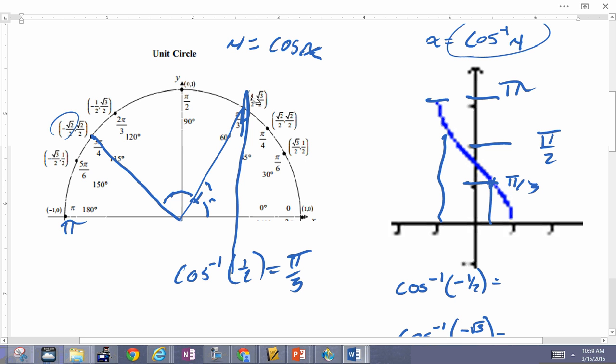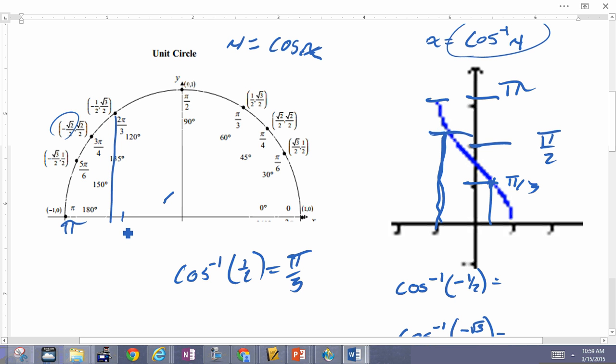Now let's look at the cosine inverse of negative 1/2. Negative 1/2 on the graph puts us up here, with the resulting inverse cosine value being positive. So if we're coming out to 1/2 here, negative, we're going to come right to here.